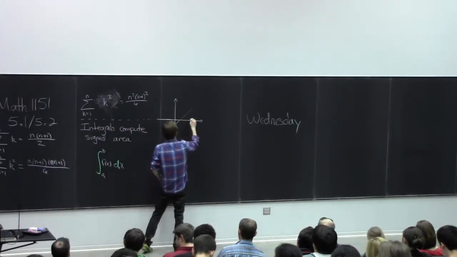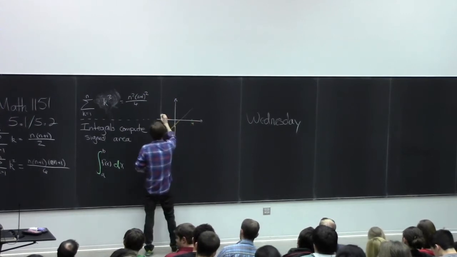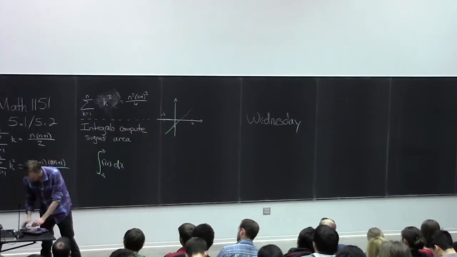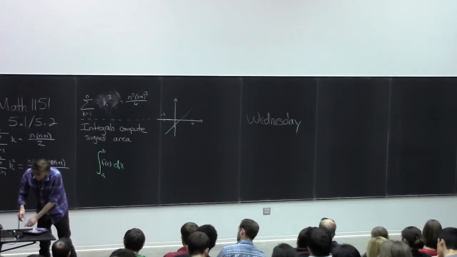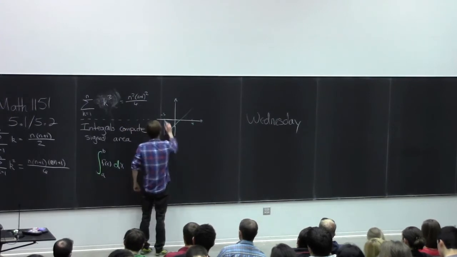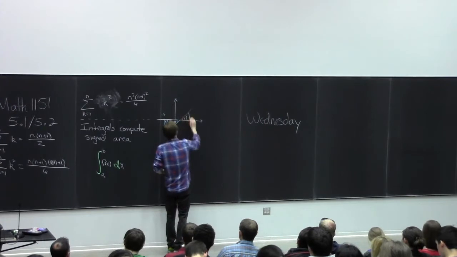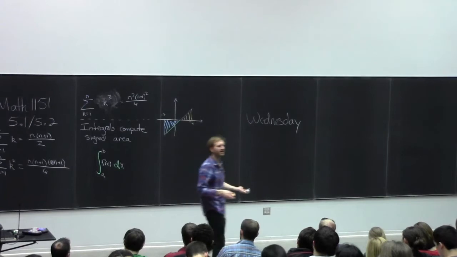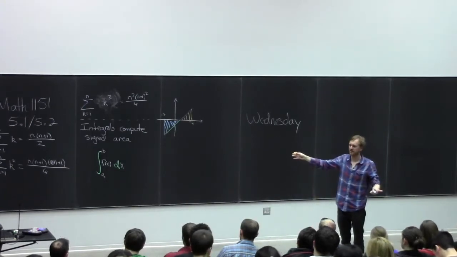If here's my line, and here's, say, 4, and here's -3, if I was computing this integral here, the negative area would be down here, and the positive area would be up here. It looks like there's more negative area than positive in this picture, so the integral will be slightly negative, I'd say.